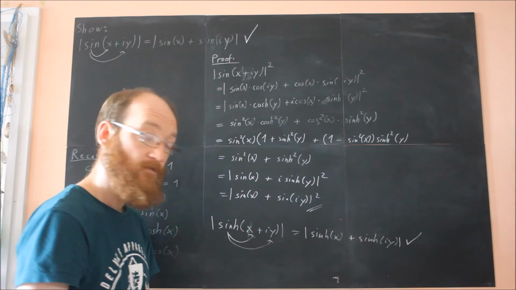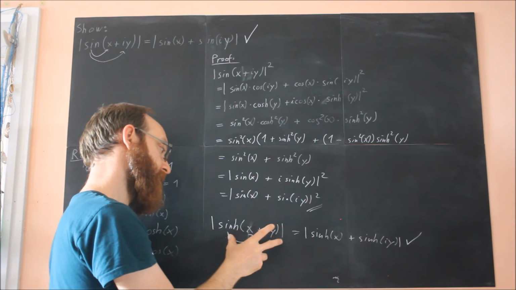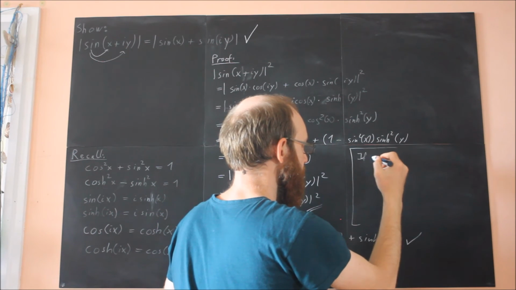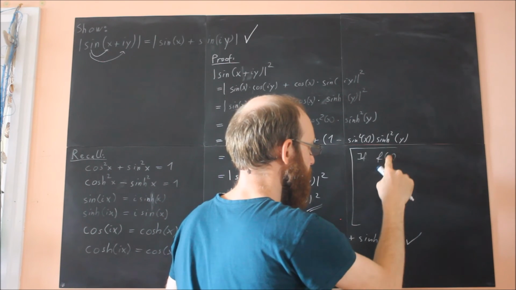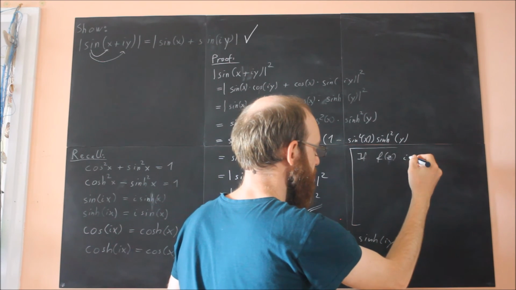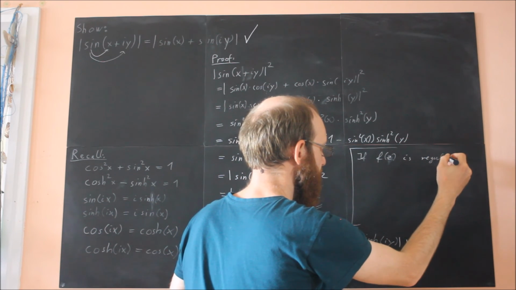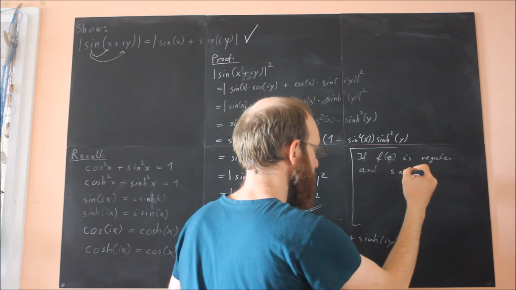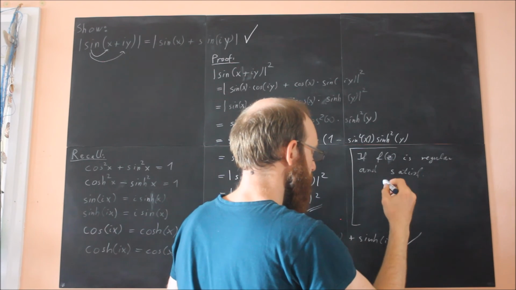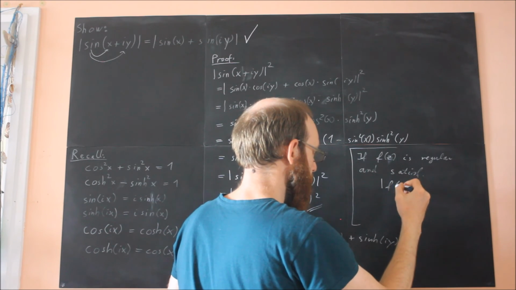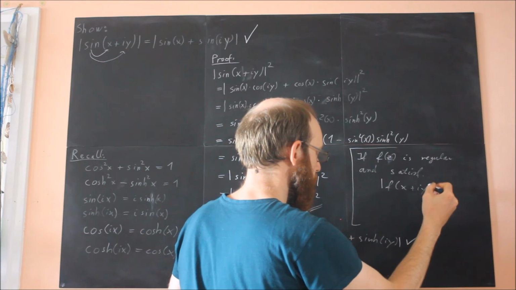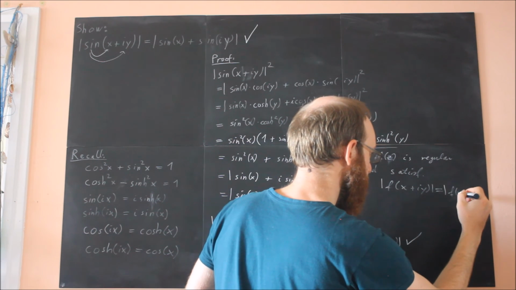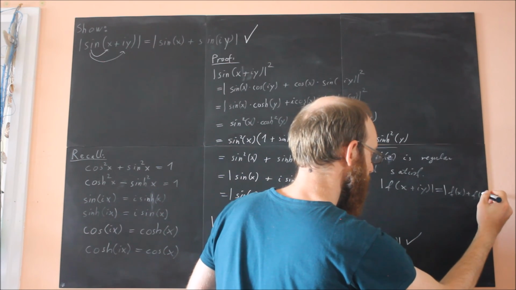And in fact there are three functions satisfying the following property. If f of z is regular and satisfying the magnitude of f of x plus iy equals the magnitude of f of x plus f of iy.